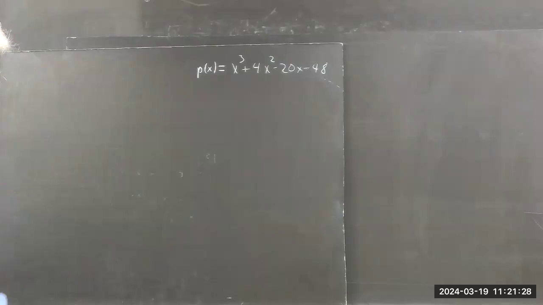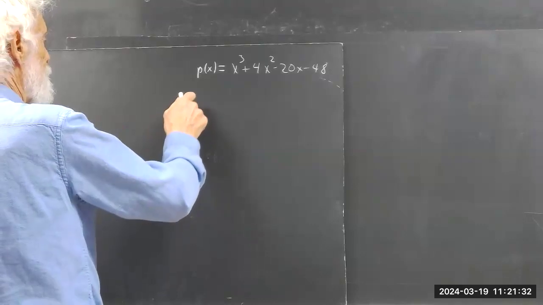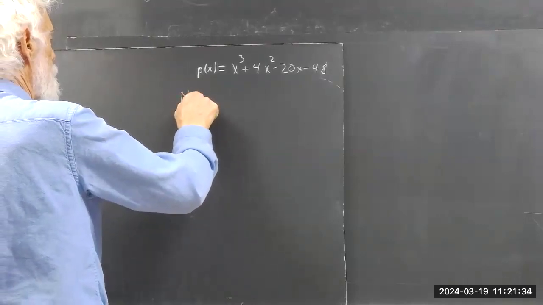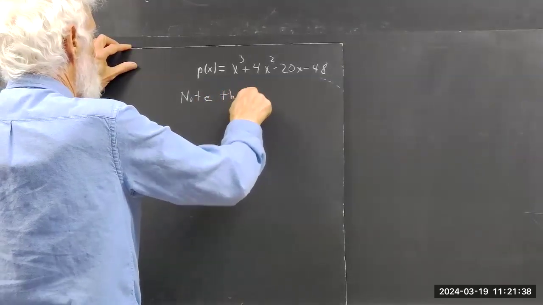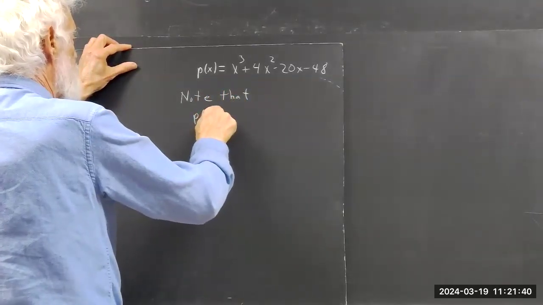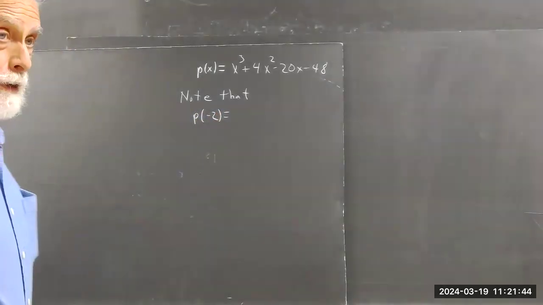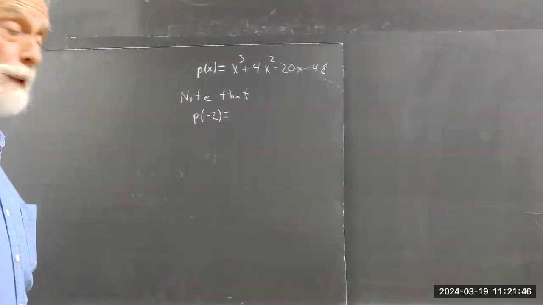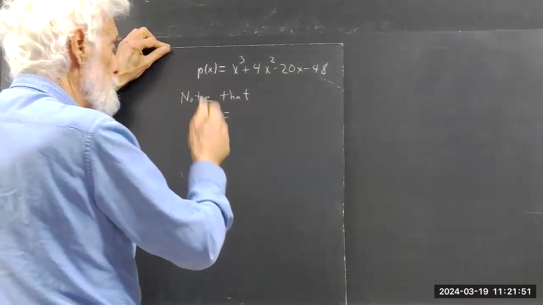Now, I'm going to claim, so let's just do this. What's p of -2? Okay, it better be 0. If it isn't, I'm in trouble. Okay, p of -2 should be 0.